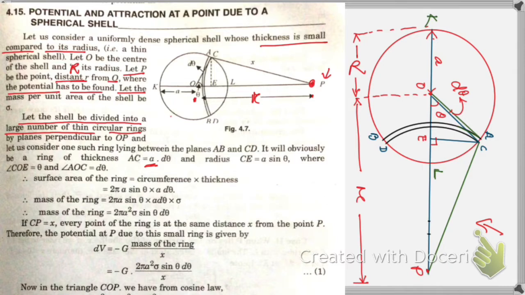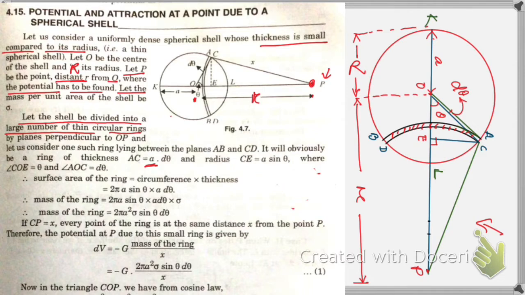This is the ring I have taken, you can see, such that A, B, D, C, its thickness is very small, and the angle AOC is a very small angle, this is d theta, right? This is d theta. So I hope you have understood from the diagram, right?